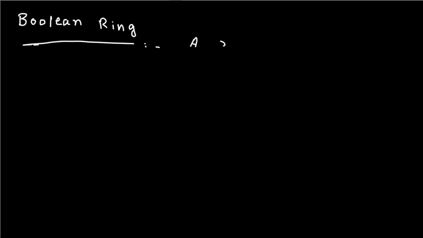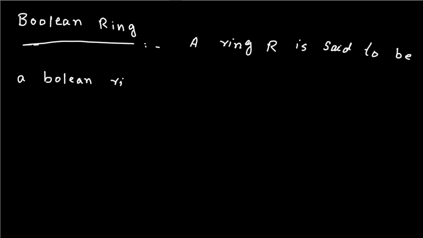just like a ring R is called a Boolean ring, or is said to be a Boolean ring, if it satisfies a certain condition. And what is that certain condition under which a ring R should be a Boolean ring?